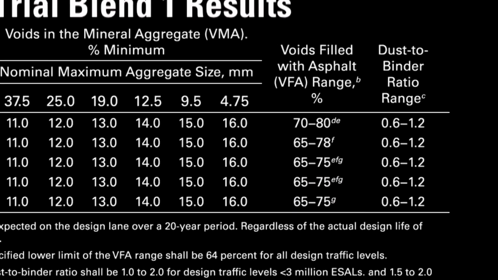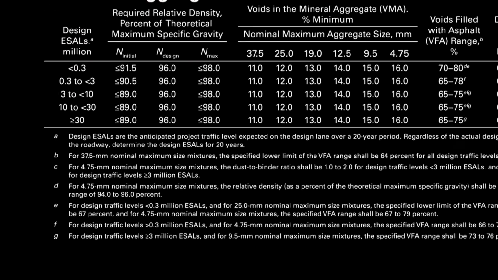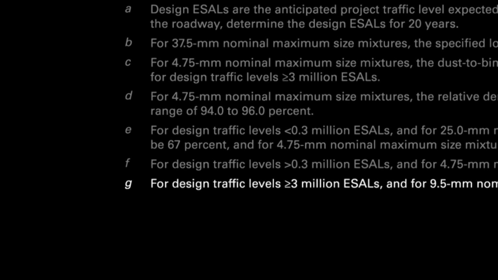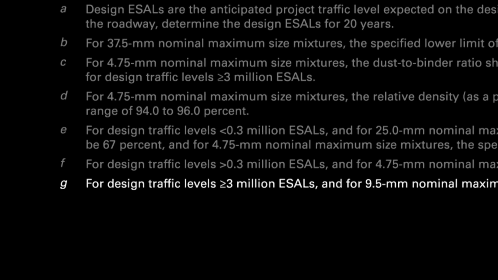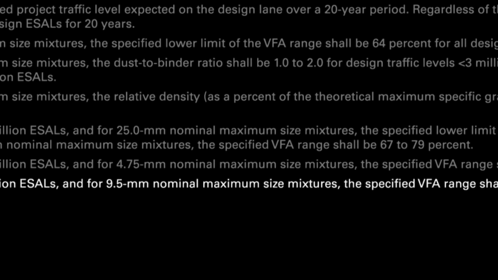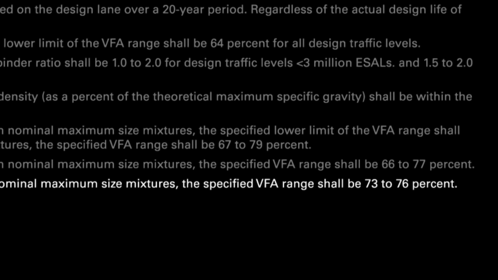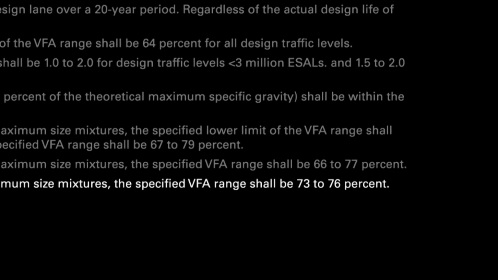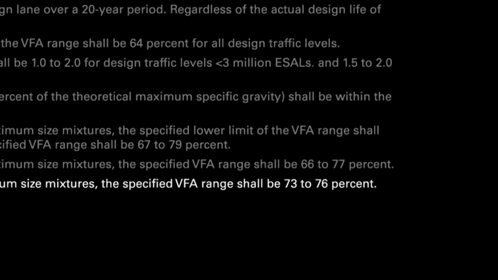The only footnote that applies to our mixture is G, which stipulates that for a traffic level greater than 3 million ESALs and a nominal maximum aggregate size of 9.5 millimeters, the VFA range must fall within 73 to 76%. Therefore, we'll use this range in place of the 65 to 75 included in the table. Our estimated VFA at our corrected binder content was 72.49%. Therefore, we fail to meet this SuperPave requirement as well.